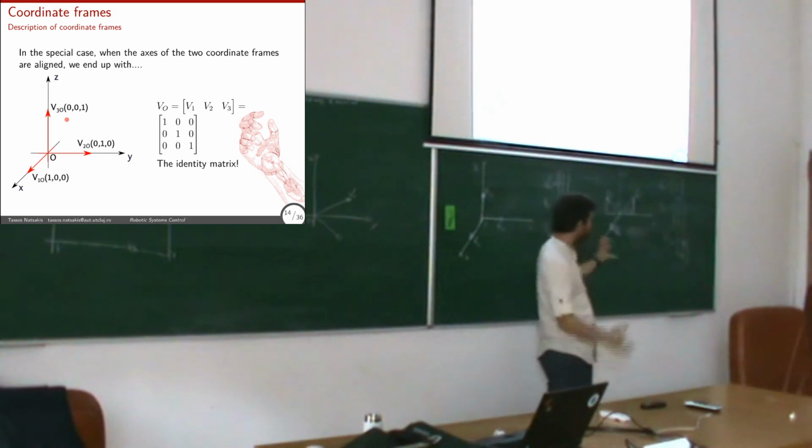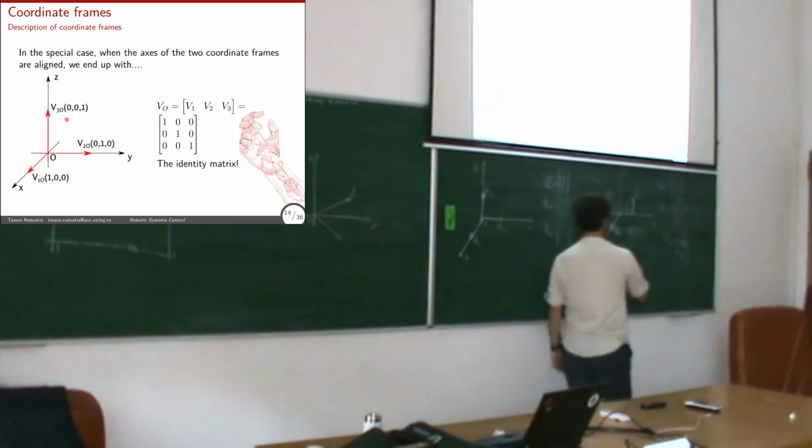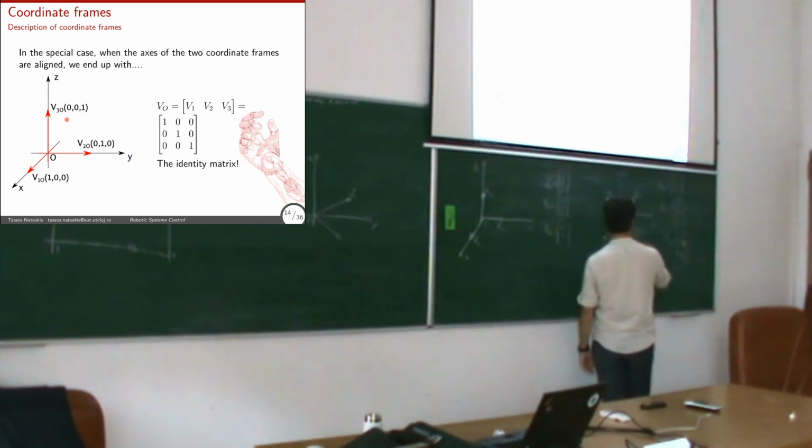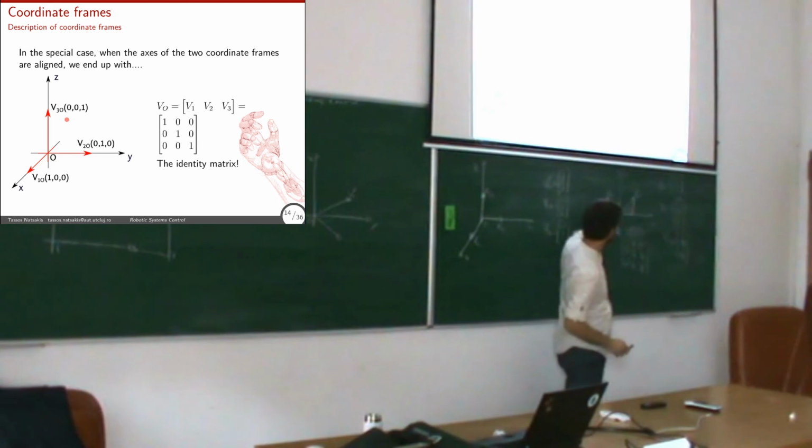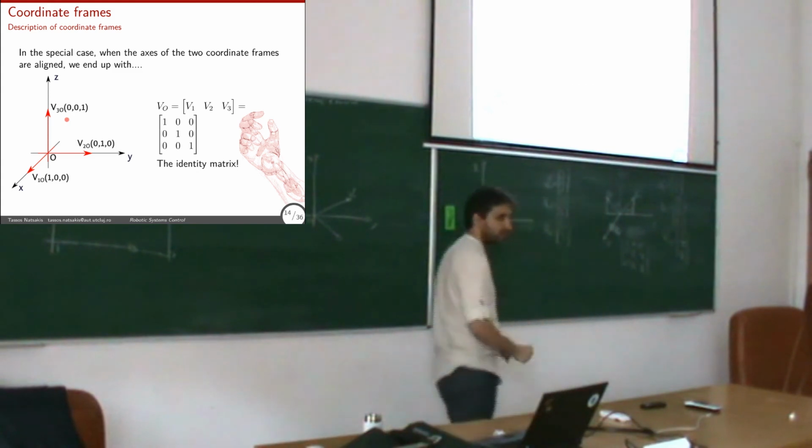So if I put these 3 together, I will get this matrix, with columns 1, 0, 0, then 0, 1 over square root of 2, 1 over square root of 2, then 0, minus 1 over square root of 2, 1 over square root of 2. This describes the blue coordinate frame in the white coordinate frame, because these are the coordinates of the 3 blue vectors on the white coordinate frame.